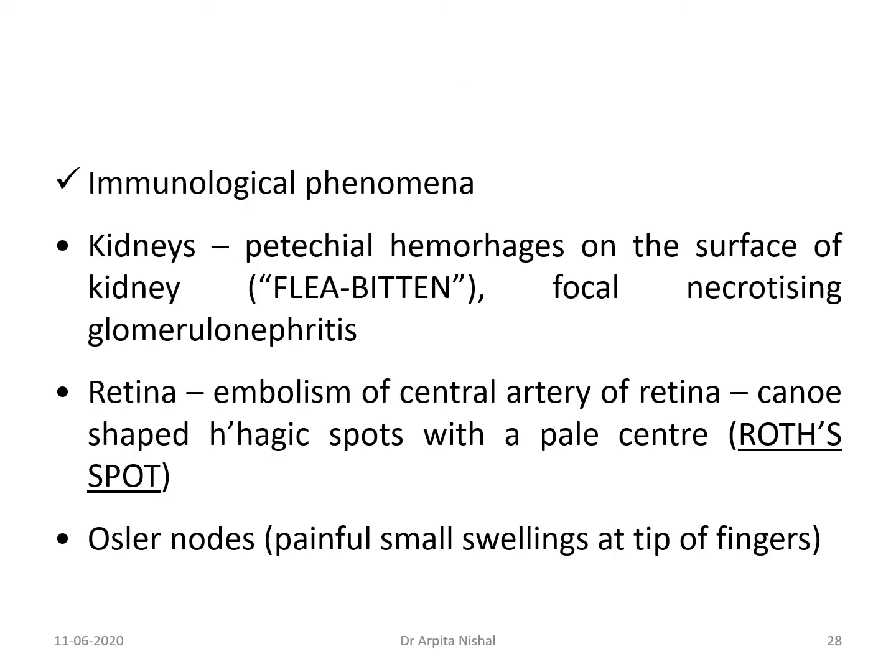The second cause for extracardiac manifestation is the immunological phenomena, and this occurs due to deposition of antigen antibody complexes, and they may be deposited in the kidney leading to petechial hemorrhages on the kidney, that is flea-bitten appearance, hemorrhages in the retina known as Roth spots, then Osler's nodes, which are painful small swellings at the tip of the fingers.